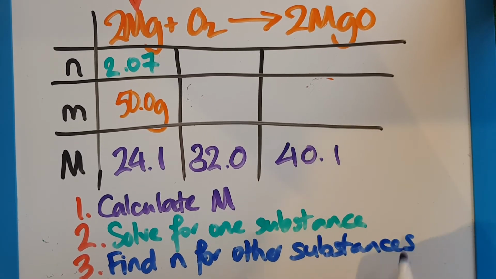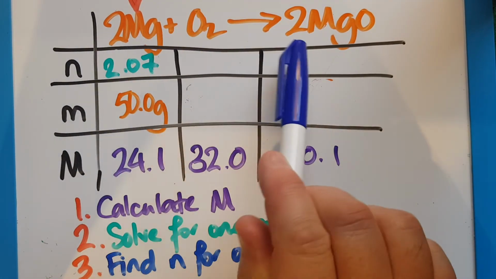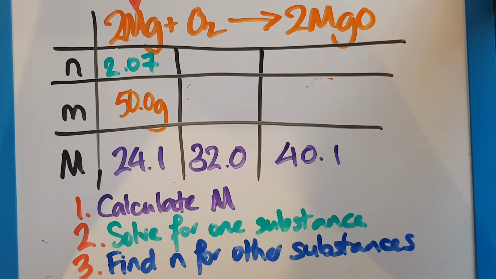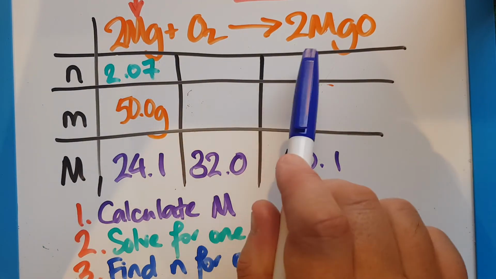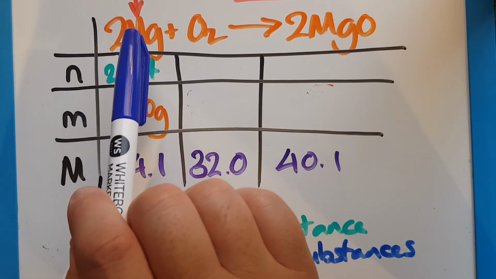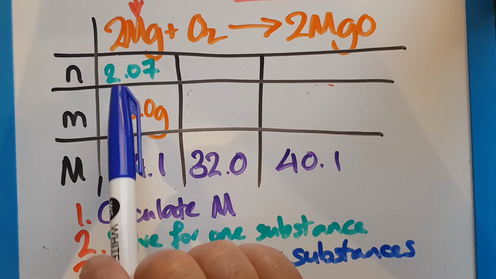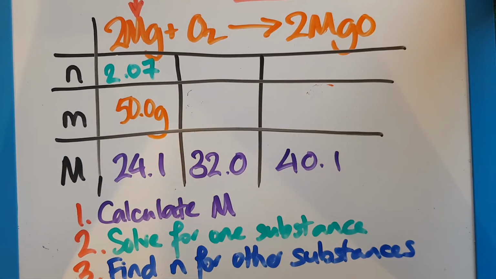And this is, as I say, a mole ratio. Now, this is where we need to look at the numbers in front of the species, whether they're atoms, molecules, compounds, whatever, in the balanced equation, because that is going to create what we call a mole ratio. If I had 2 moles, I don't, I've got 2.07. If I had 2 moles of magnesium, it'll make 2 moles of magnesium oxide.